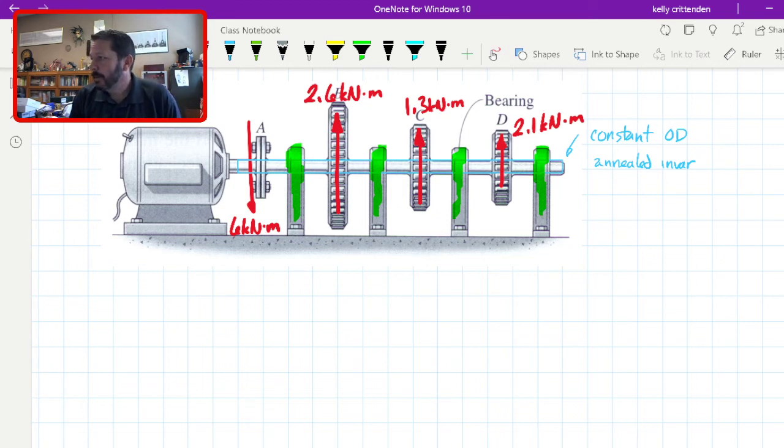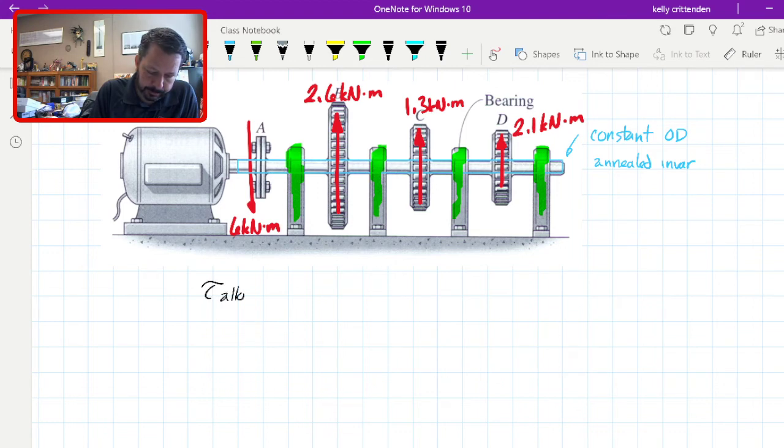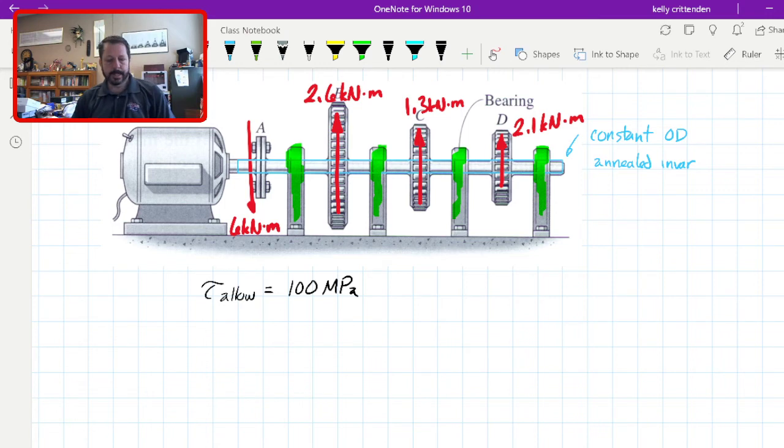All right. What I want to find is the minimum shaft diameter required if the maximum shear stress, tau max allowable, is equal to 100 megapascals. What that means is that in any piece of this shaft, the most stress I can have is 100 megapascals.